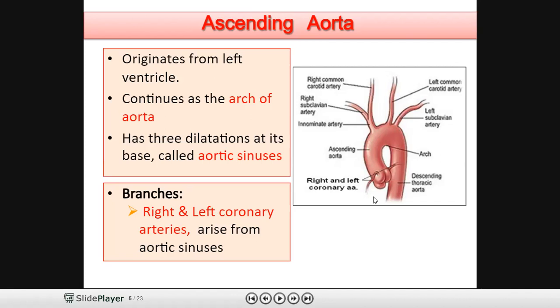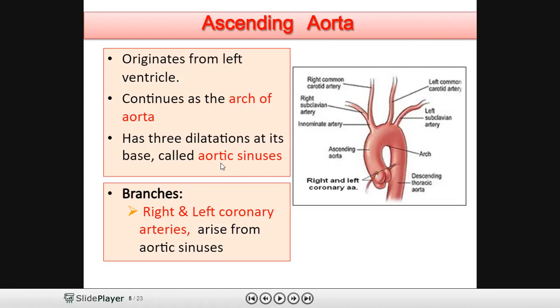Remember that we already talked about the coronary arteries in the previous lecture, and we said that they arise from the aortic sinuses. So here we see the right and the left coronary artery, which are going to supply the muscles of the heart, the myocardium.